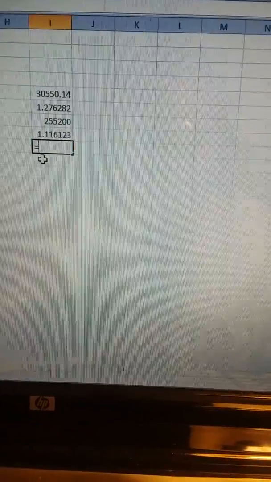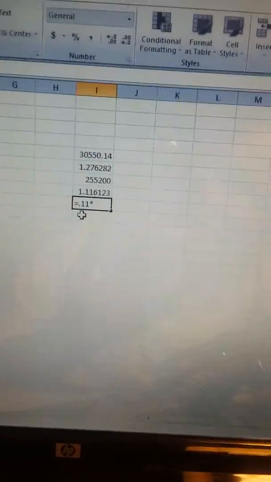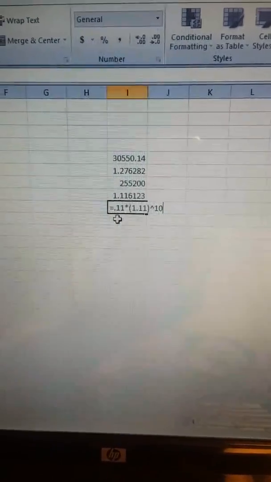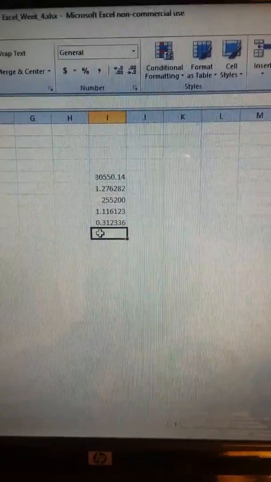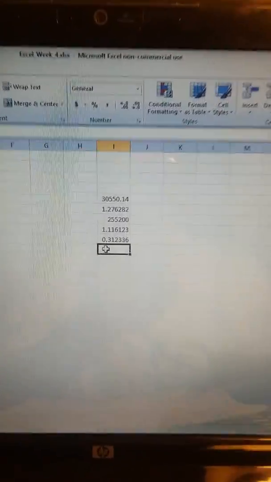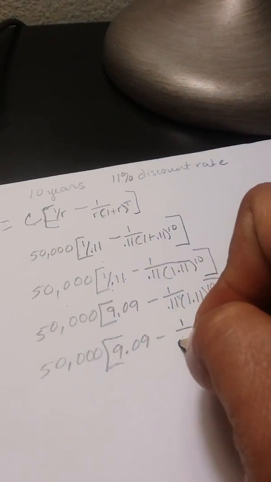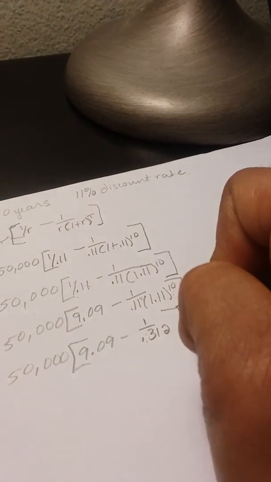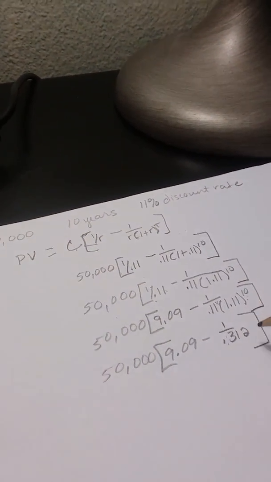It's just going to be your 0.11 times your parentheses of 1.11, your parentheses, and then your time period is going to be 10. So as you can see, it's 0.312. So that's what you're going to put here, 0.312. And your parentheses. So now it's starting to look a little simpler.